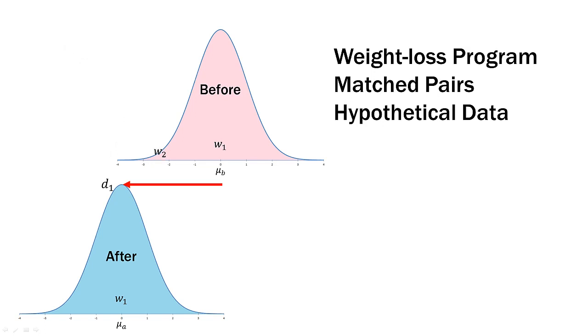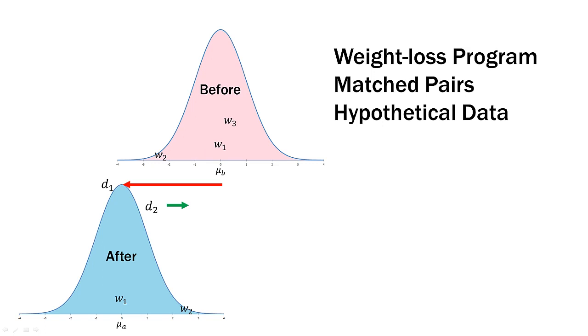Now let's say we have participant number 2. So his weight started here where W2 is in the before distribution. Now over the course of the weight loss program, his weight actually increased by this much. So that is our second difference. So D1 is our first difference between those two measures of the same person, and then D2 is the difference between the measurements of person 2.